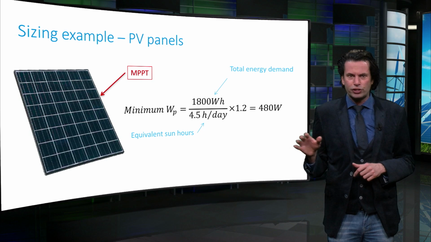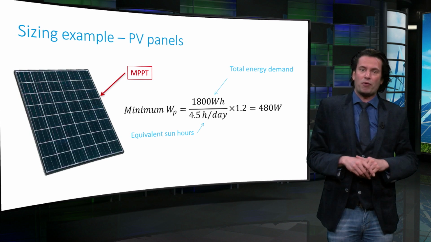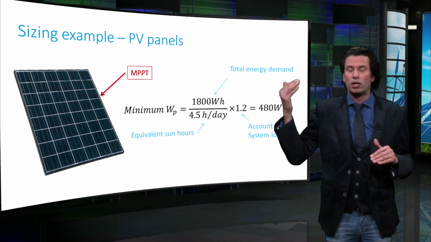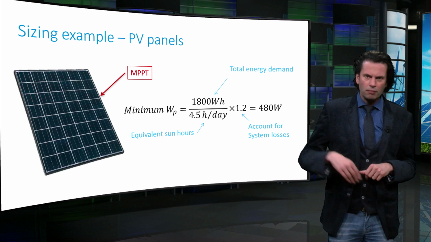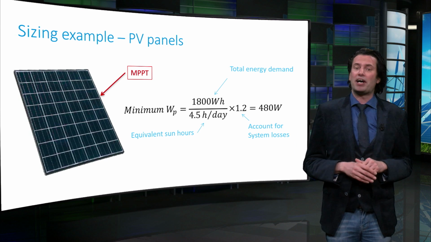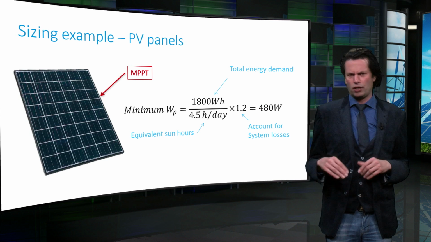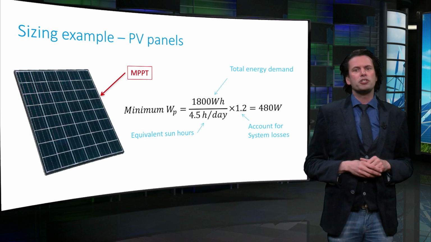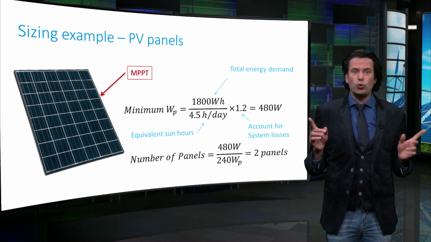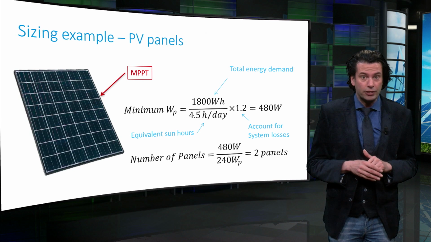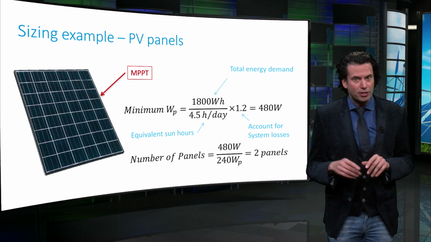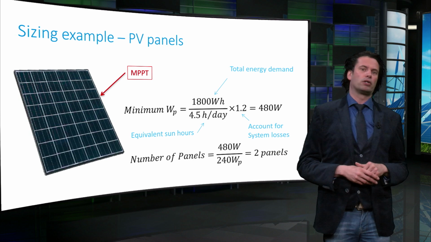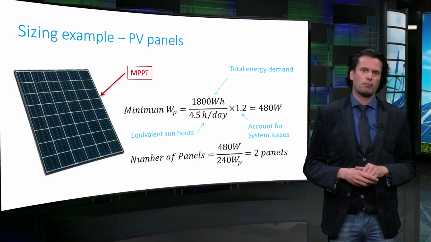As a margin for system losses, the minimum power required could be 20% more than this ratio. Thus, the minimum PV power required is 480 watts. From this, it can be concluded that two 240 watt-peak modules are required to deliver the 480 watts power requirement.